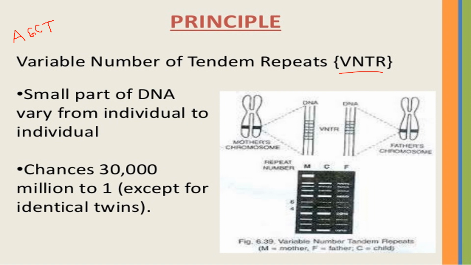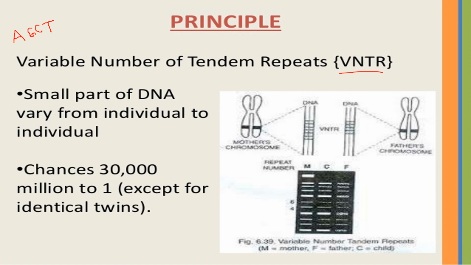It is unique to each and every one unless they are identical twins. Only identical twins have the same set of tandem repeats or repetitive sequences. Other than that, no two individuals will have the same tandem repeats in the DNA.